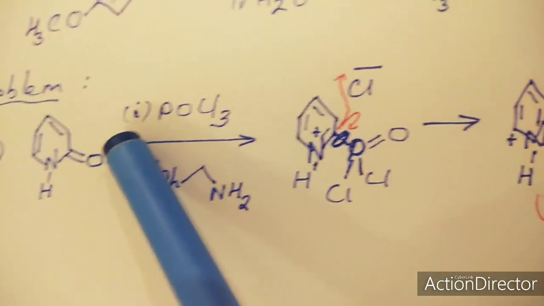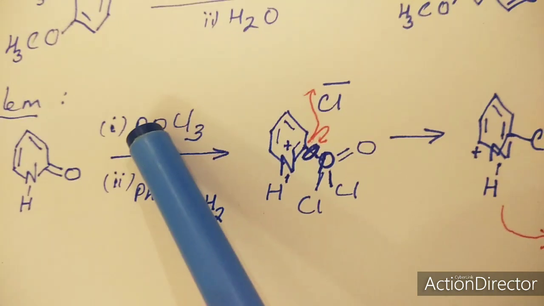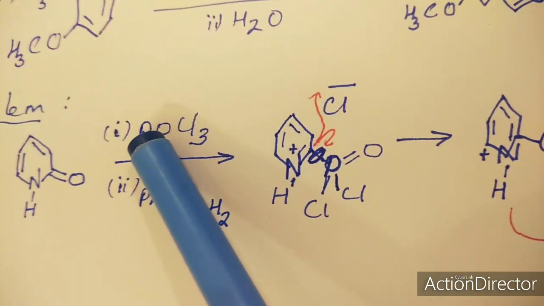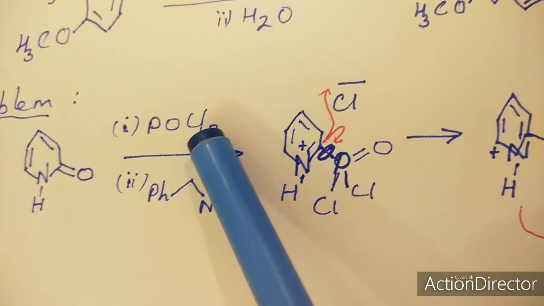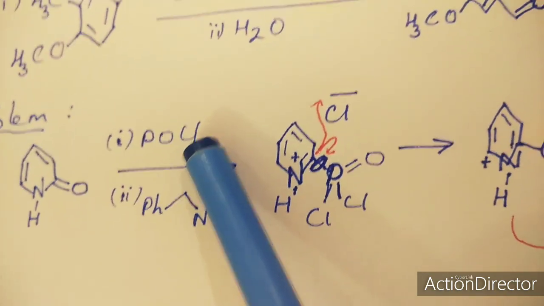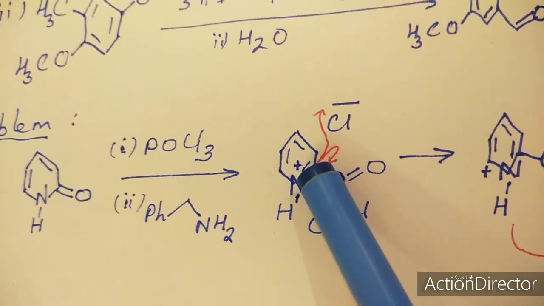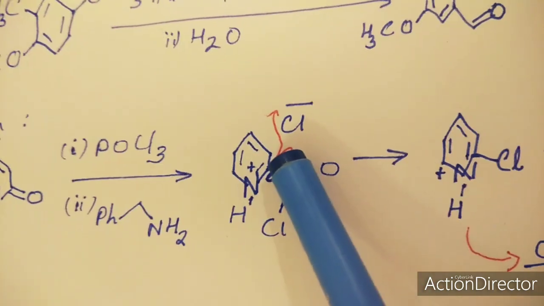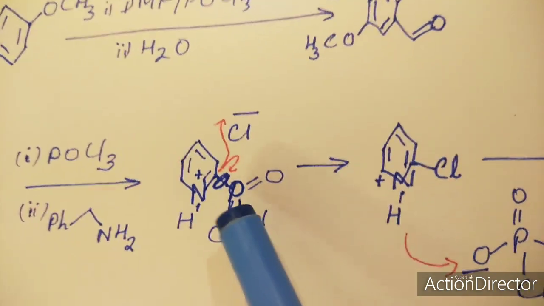So this O as O negative will tend to form a bond with POCl3, forming PO2Cl2 and leading to the elimination of Cl negative. This Cl negative will then attack at this position so that we get our so-called chloroiminium ion.